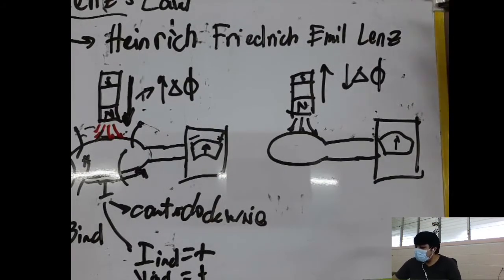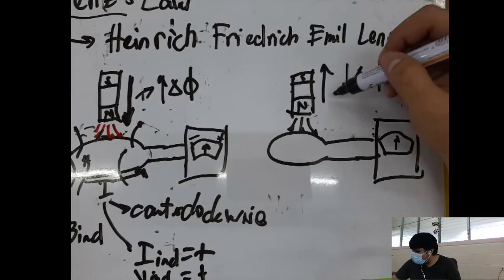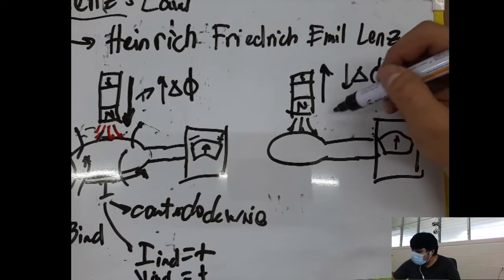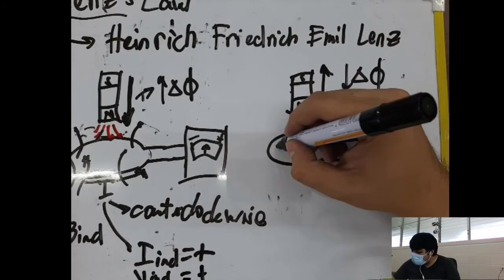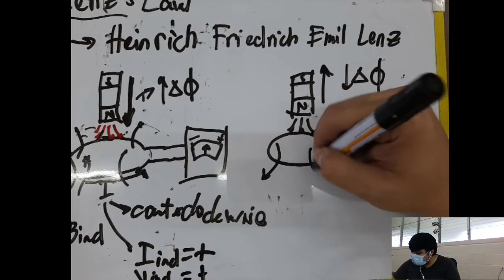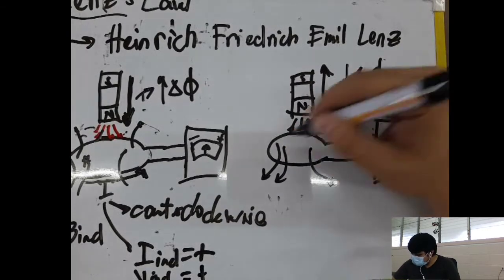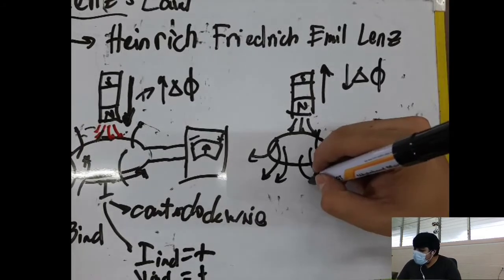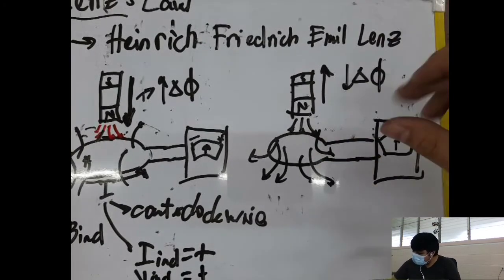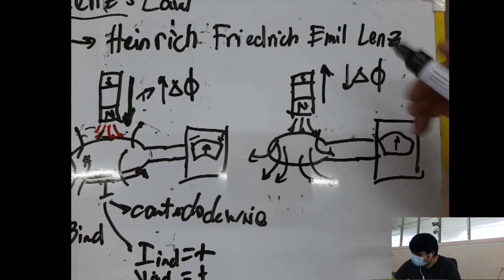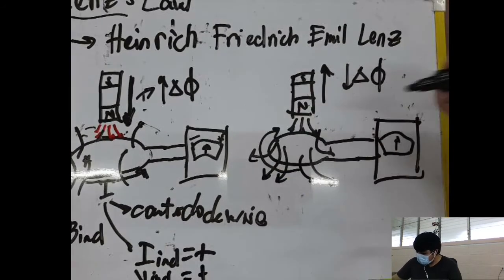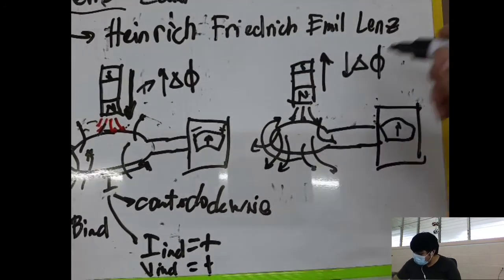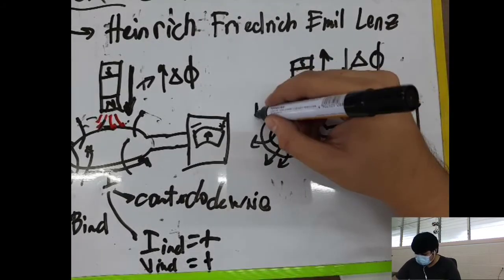Now, since this is in the opposite direction, going away, the induced magnetic field of the current will be in the opposite direction here, going downward. So by the right-hand rule for fields, the current here will be going clockwise.